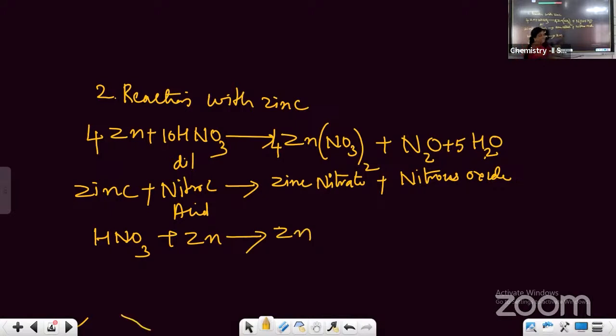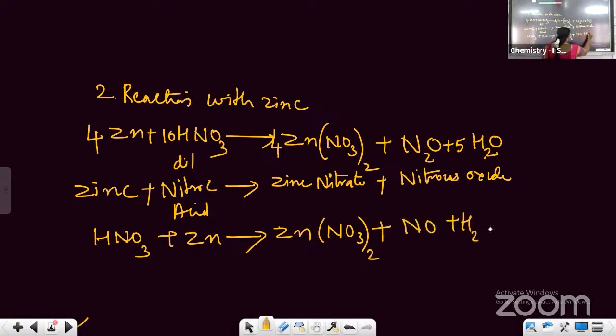We have seen in the previous case also, the reaction with the copper. Copper nitrate was common. You have to remember it like this in reactions, not by reading it as a story. Technically, you have to remember it by a trick. So zinc nitrate plus NO plus H2O. Okay, now here this is concentrated nitric acid. How many moles are you going to take? 4 moles of concentrated nitric acid we are going to take.